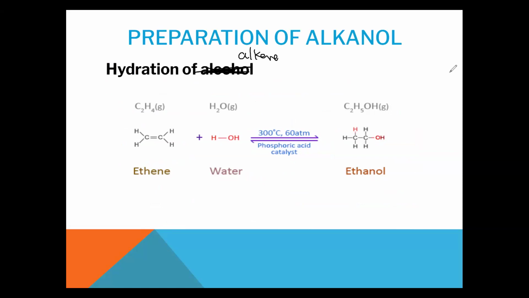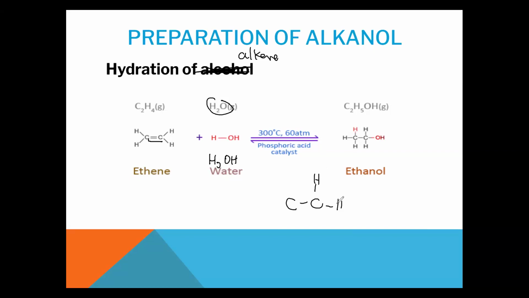Ethanol can be prepared by the hydration of alkene. Now in hydration, we're adding water. And when we add water, we said to one carbon that was in the double bond, we add H, and to the other, we add OH. So we draw back what we had. The double bond, we put a single bond.